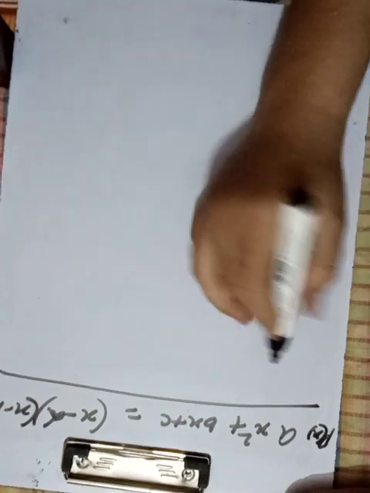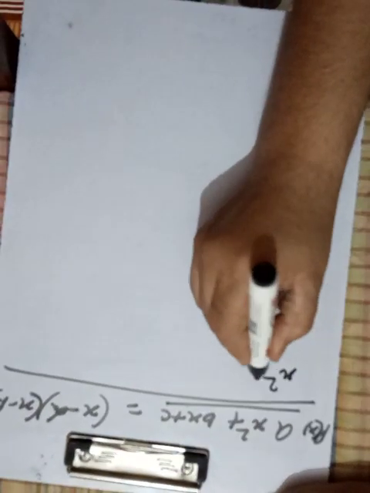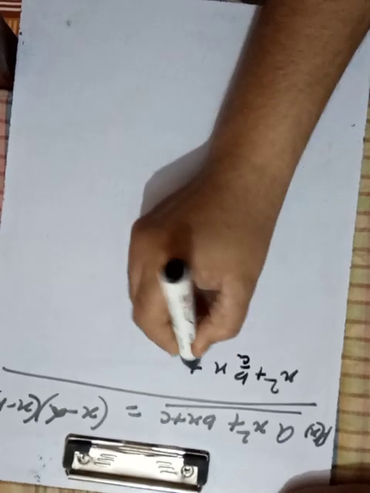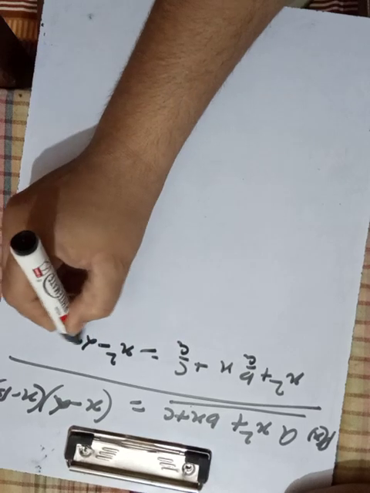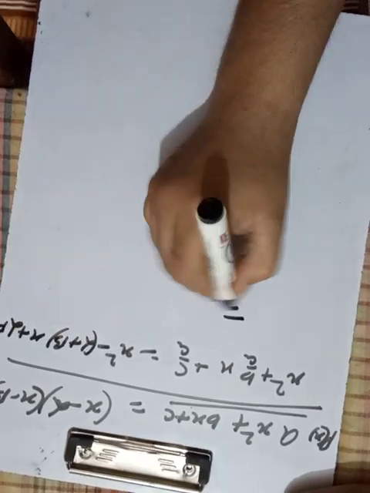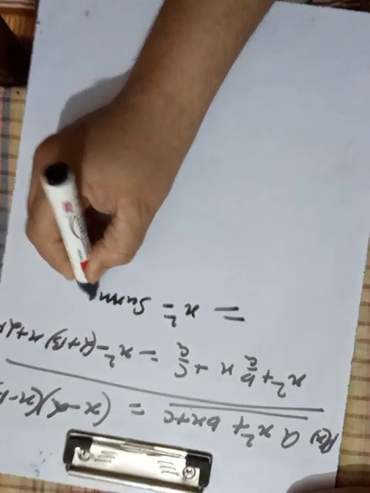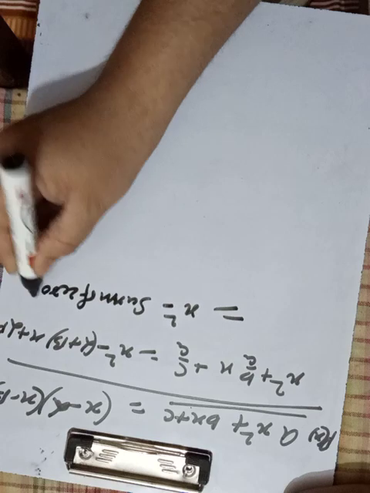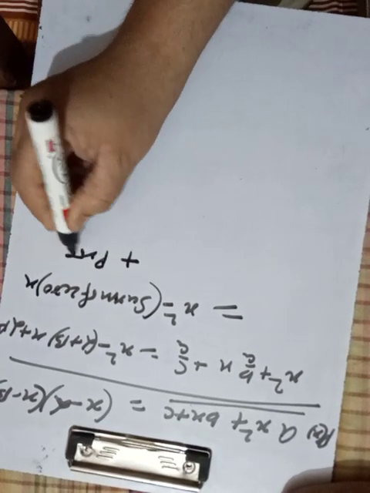So what we can understand also is that this becomes x square plus b by a x plus c by a, and this becomes x square minus (alpha plus beta) into x plus alpha into beta, which is x square minus sum of zeros into x plus product of zeros.